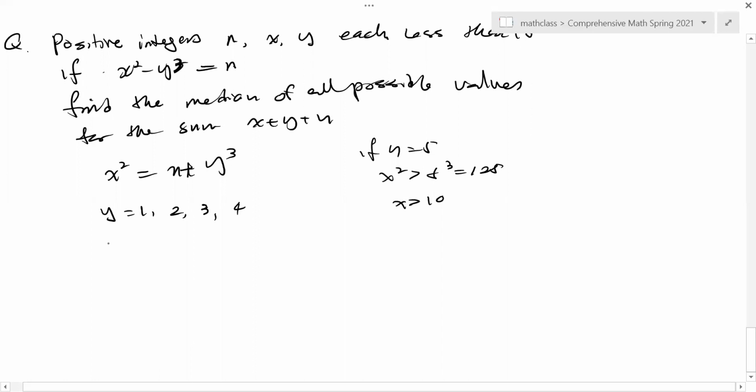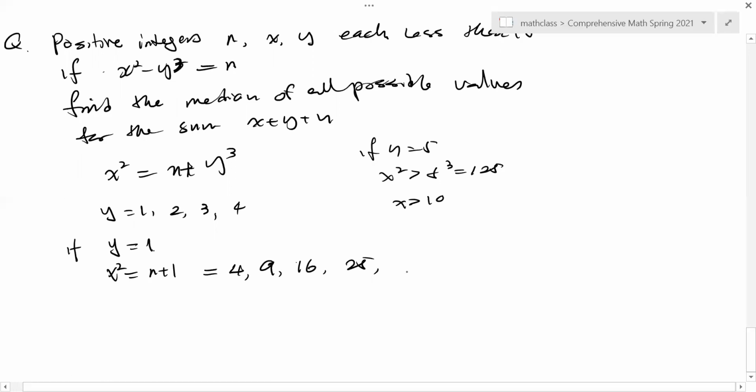Then you look at each case. If y equals 1, x squared equals n plus 1. When is this going to be a perfect square? What kind of value can you choose? The perfect squares are 4, 9, 16, 25.